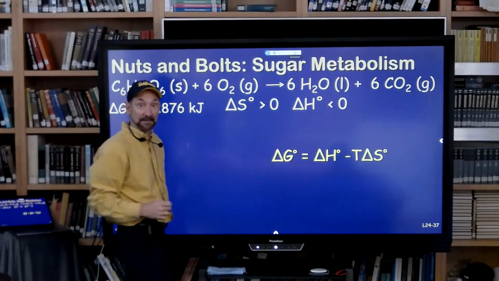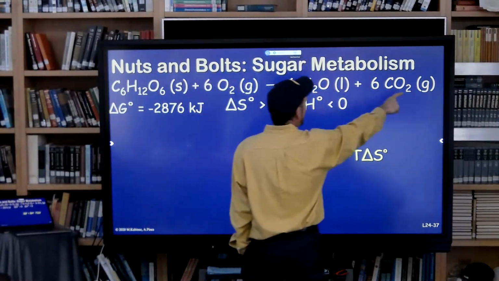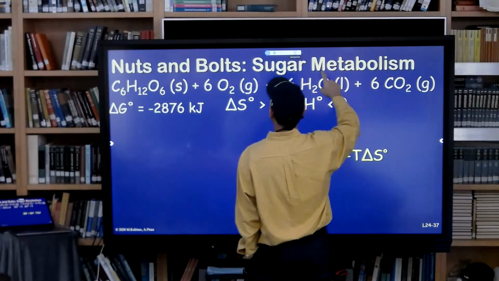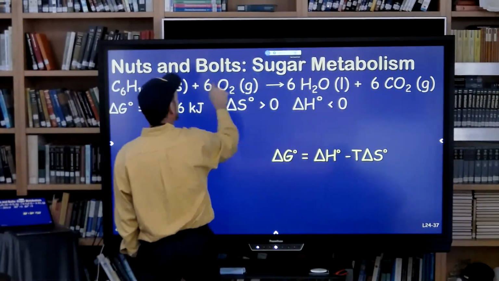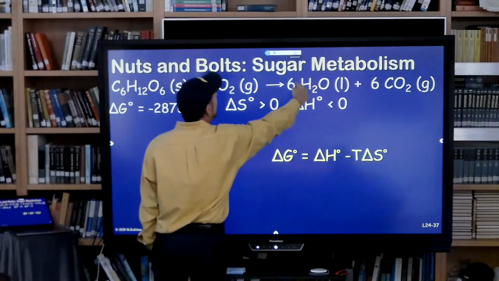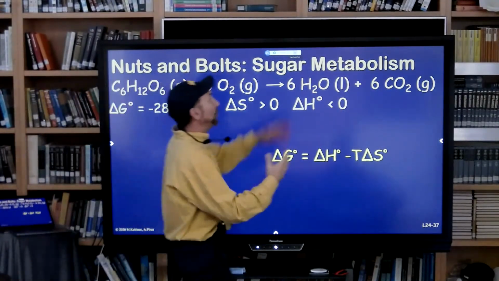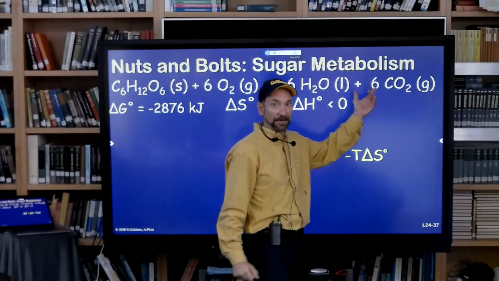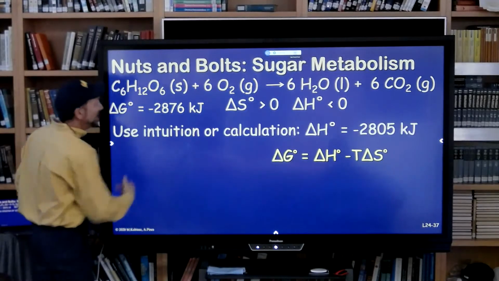There's a release of enthalpy. Delta S we can clearly see is positive. We go from a solid and a gas to a liquid and a gas. Many more moles, just plain more particles over here. Overwhelming entropic combination, and that's awesome.